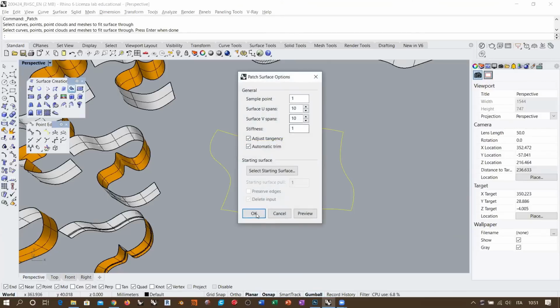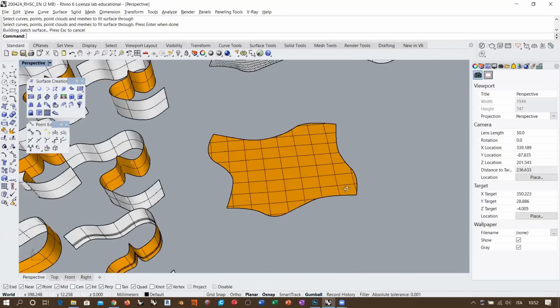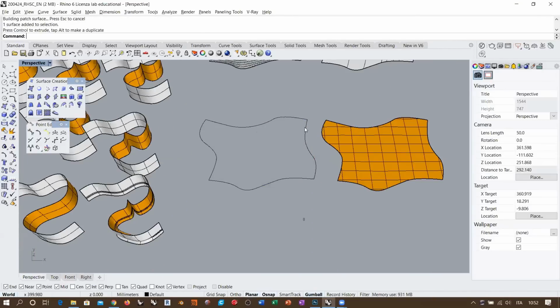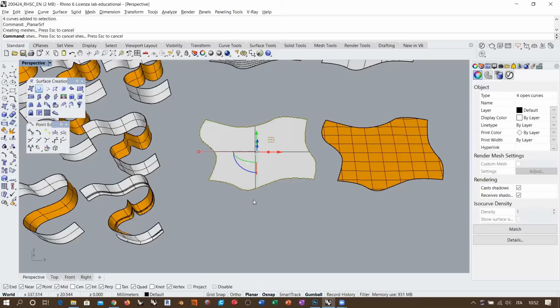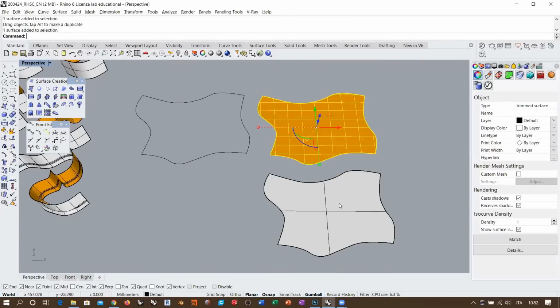Patch does something like this. Remember the surface from planar curves, which does something like this? It's evident that there is some analogy between these two surfaces, right? So this looks like this one, but with a more complex topology.